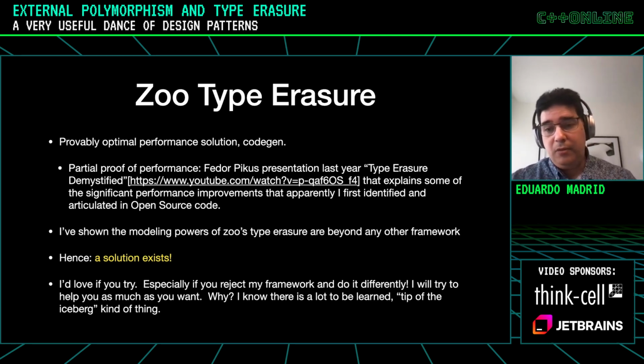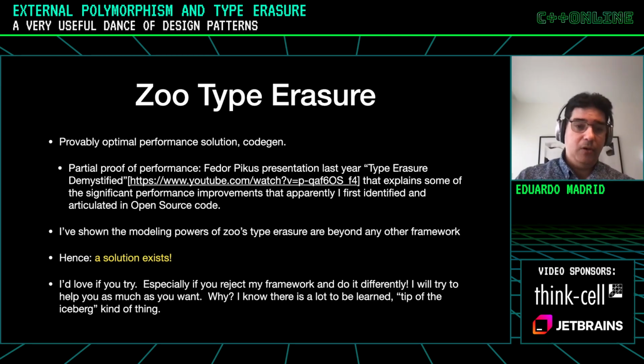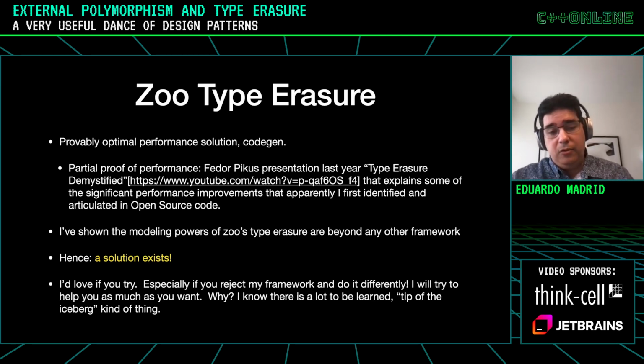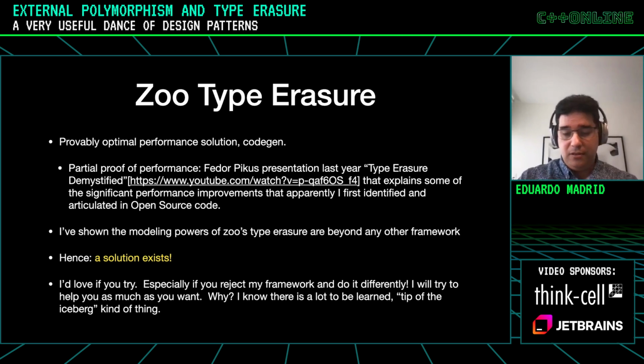In my own work, especially of advocacy in public, like this presentation, I have already shown what my framework is able to do that goes beyond what any other can do. And well, the reason for why I'm saying this is not to praise my framework, it is to tell you guys there is a solution. And very importantly, I would be very, very happy if you reject my framework and try to do it differently.